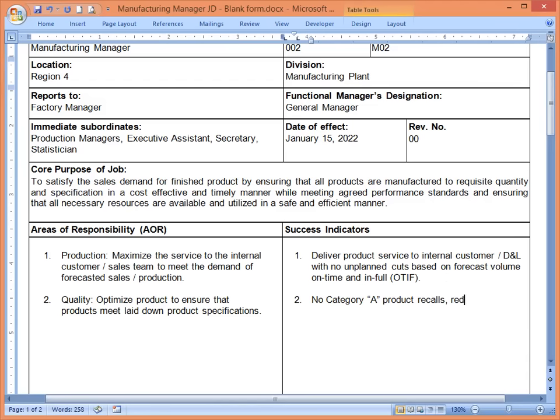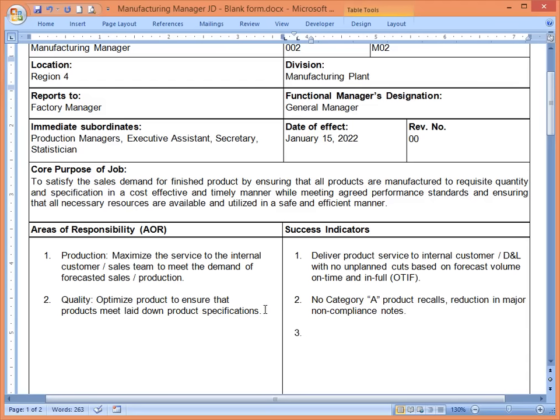So reduction in major non-compliance notes. We say non-compliance notes because we are always following the food safety standard. If there are non-compliance, that would be a big issue because you're talking about food. The product that we are producing here is food, so make sure that the food is safe to be consumed by the customers.